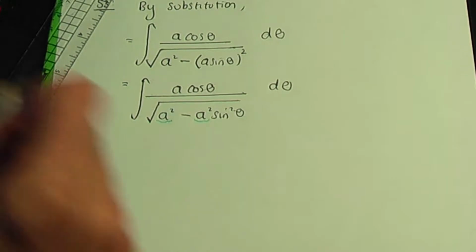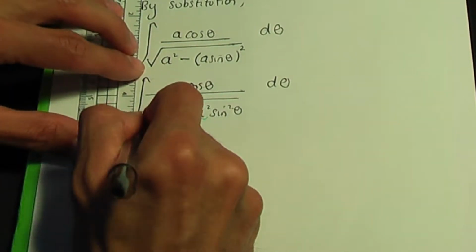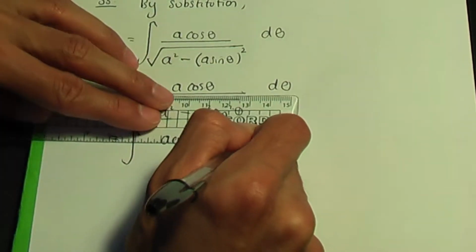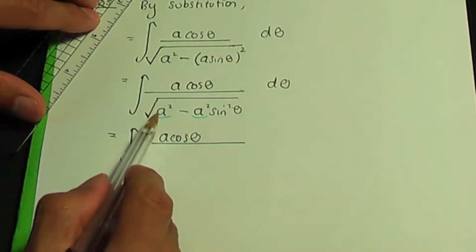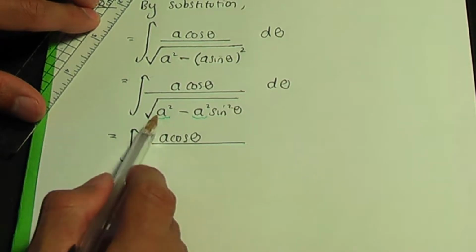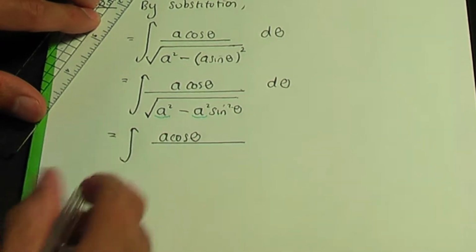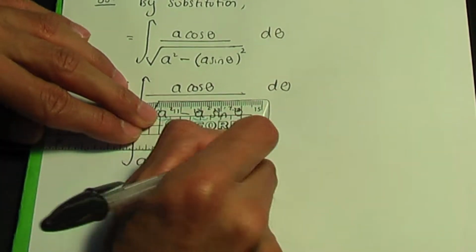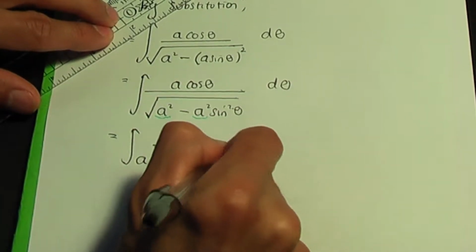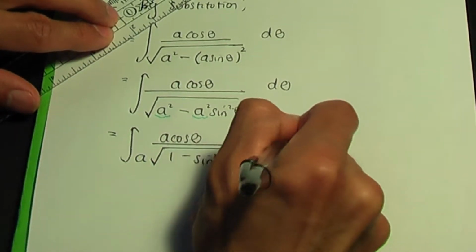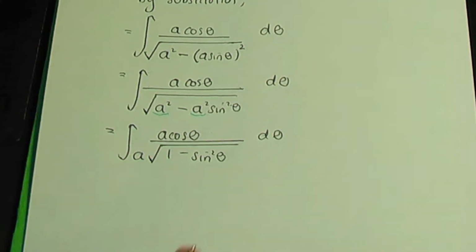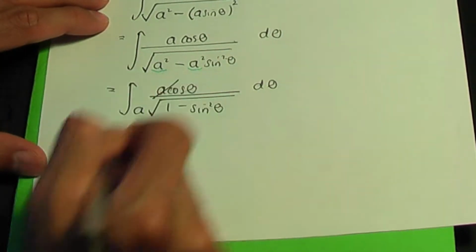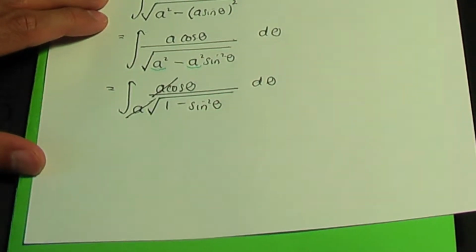So in the next step, I'm going to have the integral a cos theta on top divided by a into the root of 1 minus sine squared theta. Now, by doing this, I can cancel this a and this a.